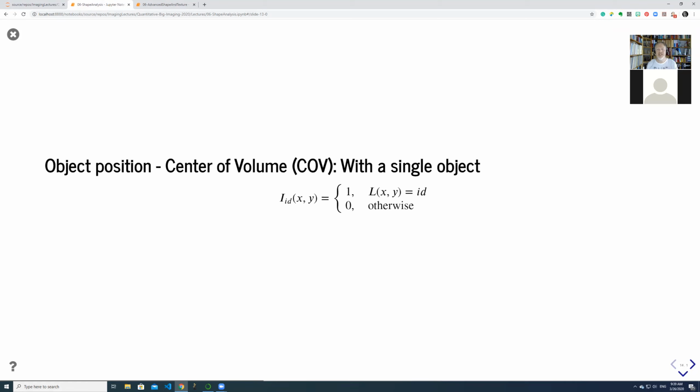We can actually expand this algorithm to handle several objects. It's not that difficult. You could do it as an exercise if you would enjoy that. But in principle, we have our image. We change it a little bit so that we have the label. Now we change the image so that it gives a 1 if the label is equal to the one we want to investigate.